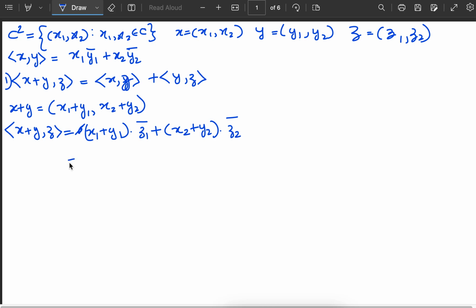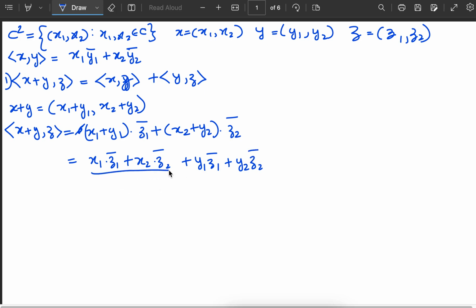Expanding the bracket, we can write it as x1 into z1 conjugate plus x2 into z2 conjugate plus y1 into z1 conjugate plus y2 into z2 conjugate.